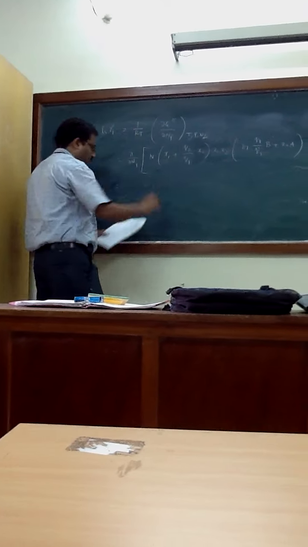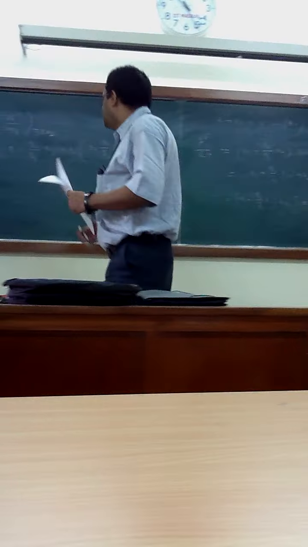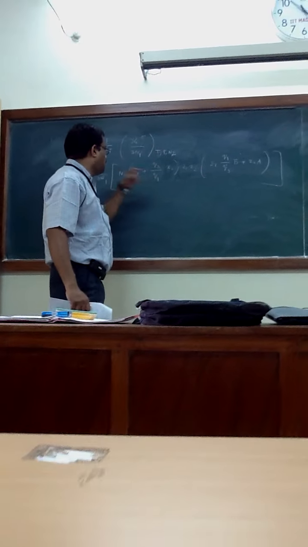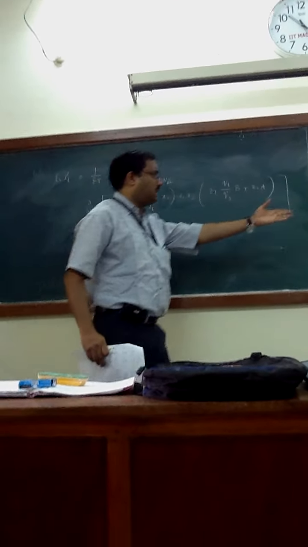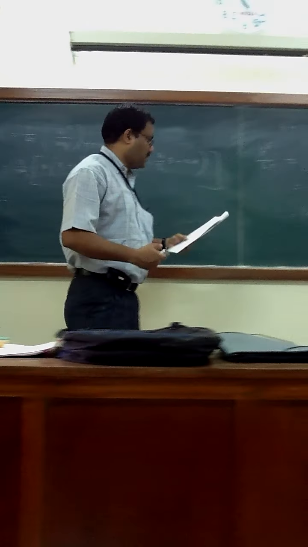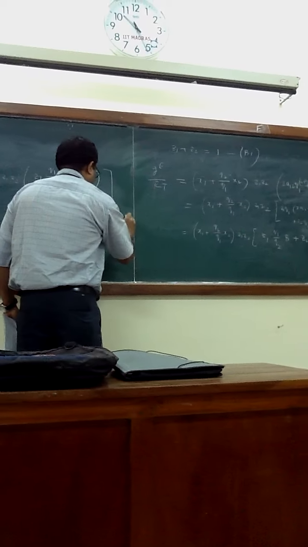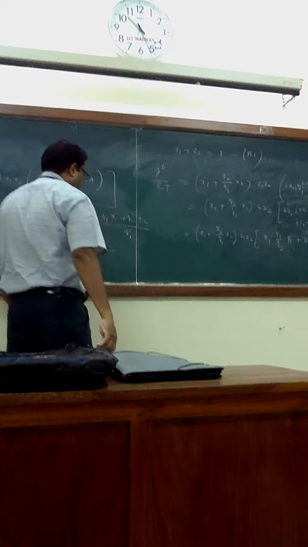What can you do for the simplification? Q1 x1 plus Q2 x2 by Q1. You will get Q1 x1 plus Q2 x2 by Q1. In fact, this integration would have been done here. What can you write? x1 by z1.